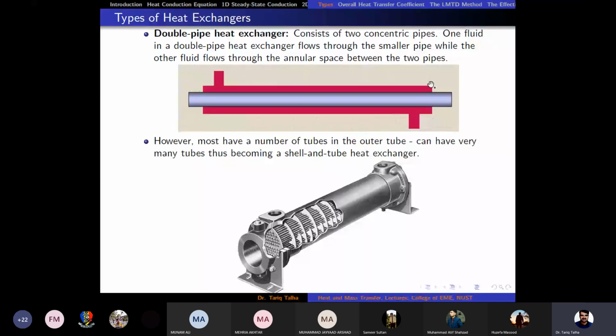So that is the first arrangement and we call it parallel flow. In this the temperature difference is maximum at the entrance because the cold fluid would have the least temperature and the hot fluid would have the maximum temperature.